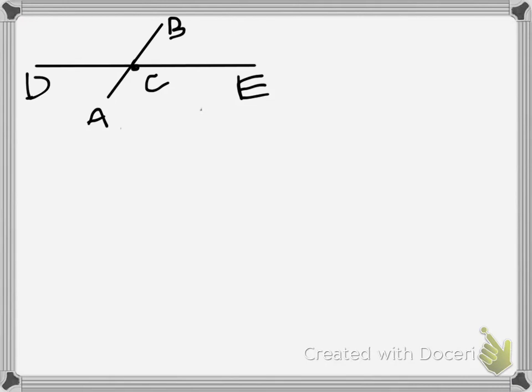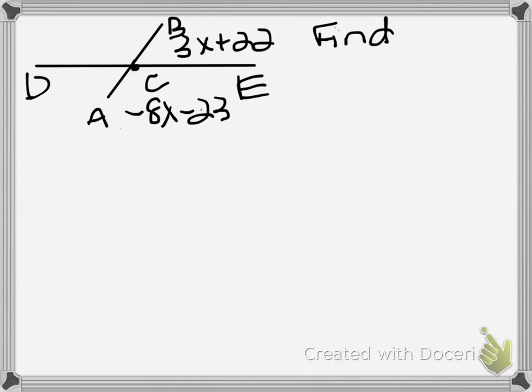We're told that AC is negative 8x minus 23. CB is 3x plus 22, and we need to find x. So just like before, we've got a line segment that is split into 2 equal pieces. So we're just going to set those equal to each other in order to solve for x.